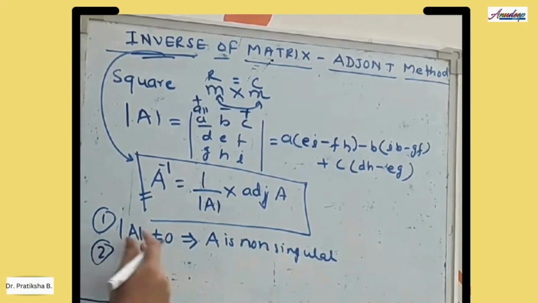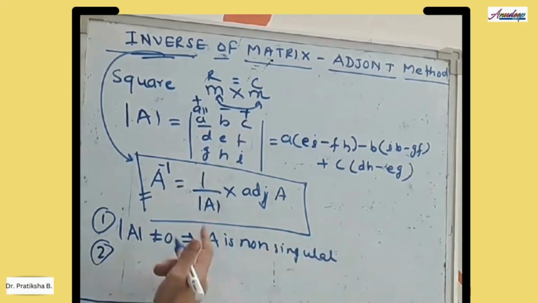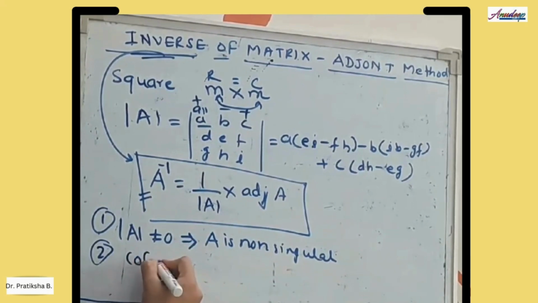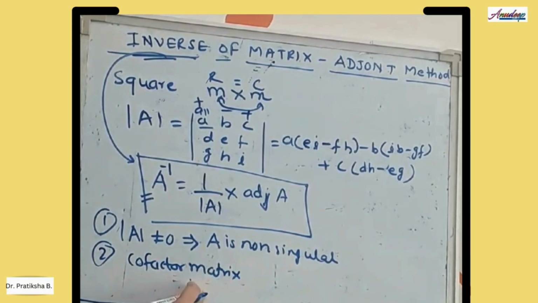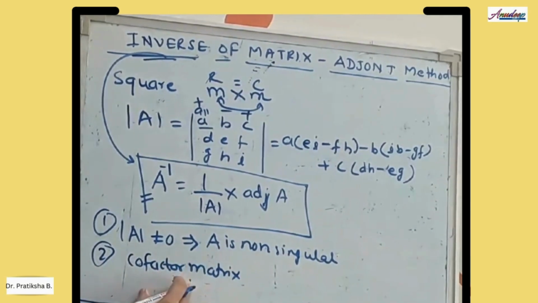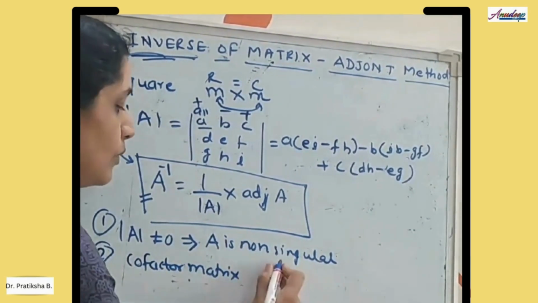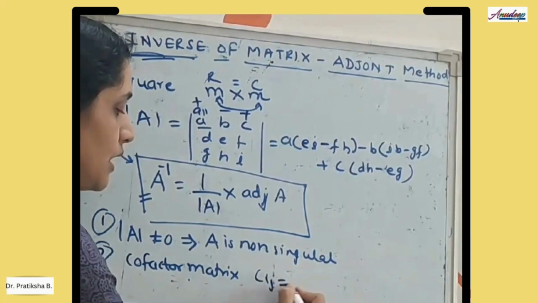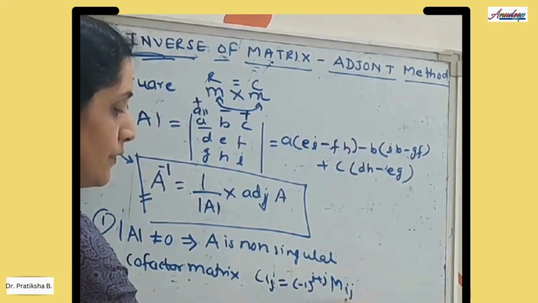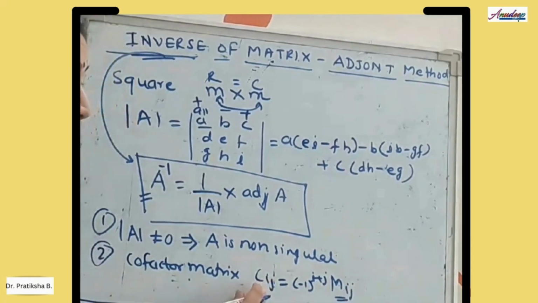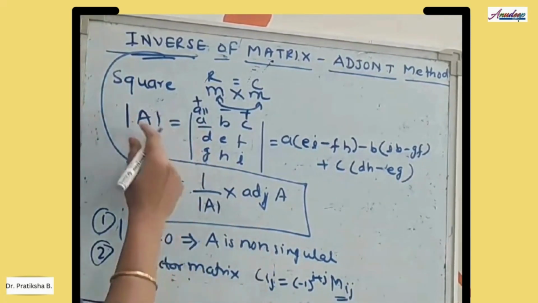Second step: once you know it is a non-singular matrix, you proceed to find the cofactor matrix. For calculating the elements in the cofactor matrix, the formula used is Cij equals minus 1 raised to i plus j into Mij, where Mij is the minor of the element Aij in the original matrix.